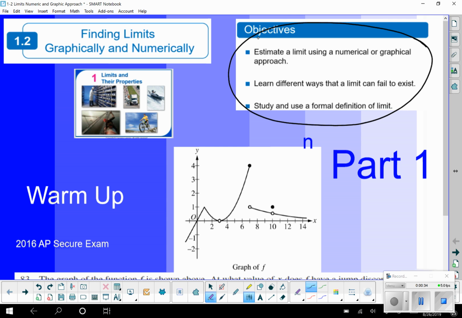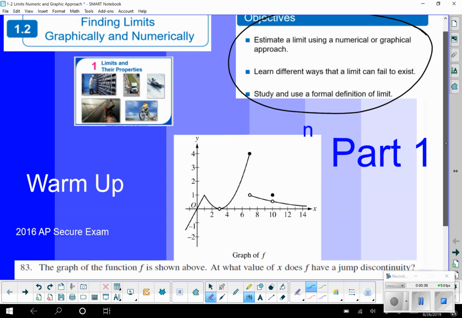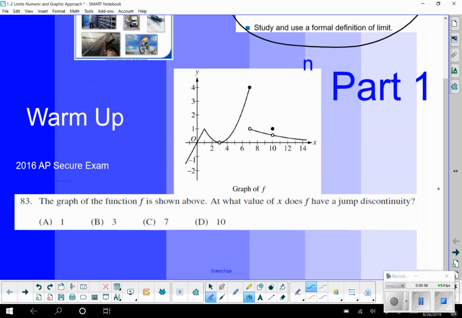a limit as well. So just giving you an idea of an AP question, this came from the 2016 exam. You're given a diagram of the function f, and question 83, which would have been under a calculator section, says the graph of function f is shown above.